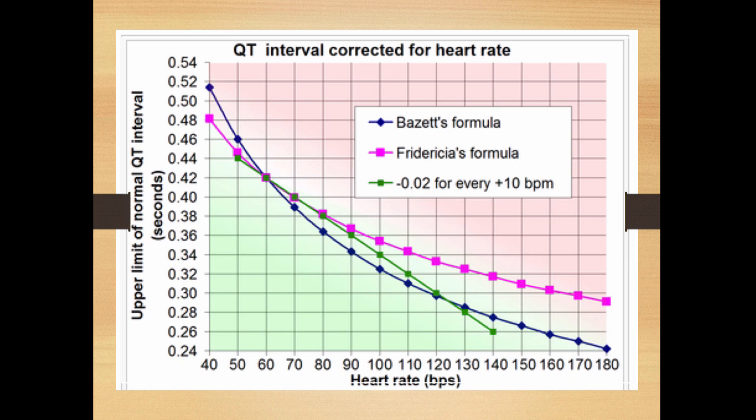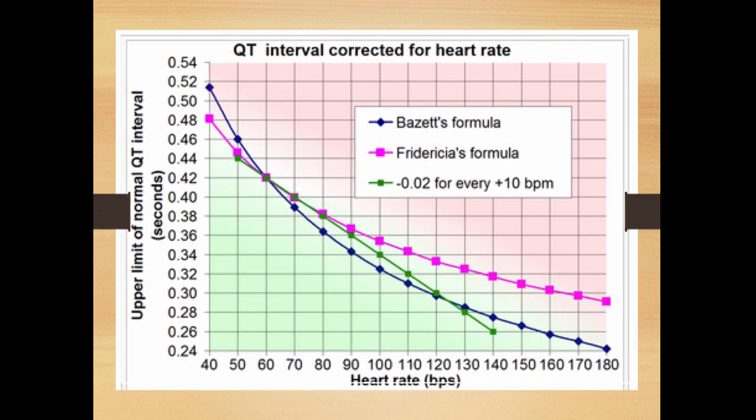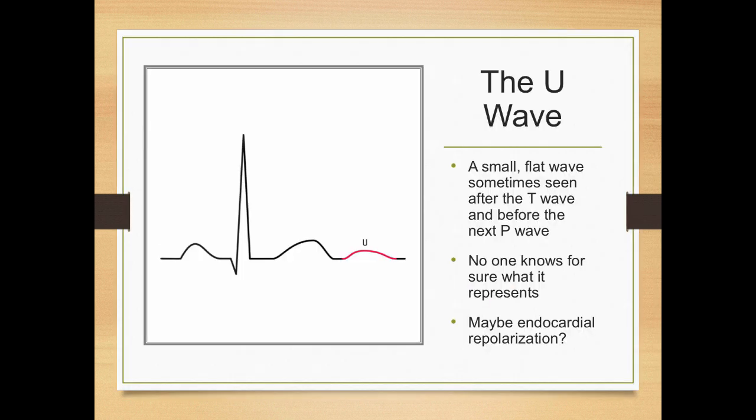We had 20, 22 beds in our unit, and I did this every day. QT over the square root of R to R. I did that by hand for everyone every 4 hours. Do it. That's how you find your QTC. That's what you do. Moving on. I'm sorry for that rant.